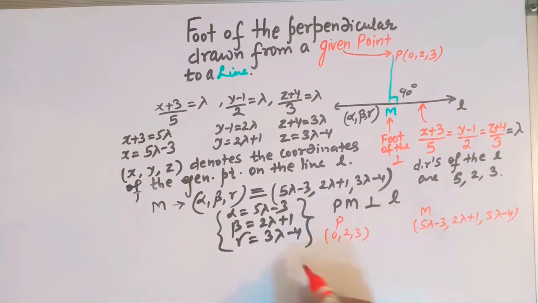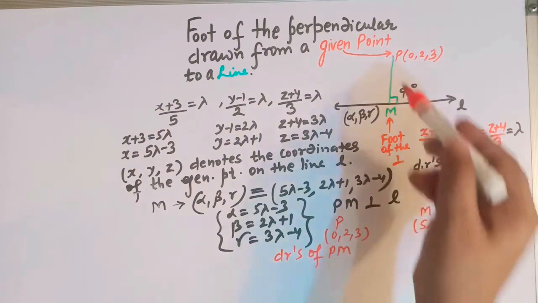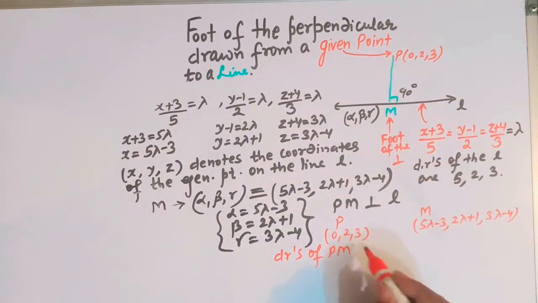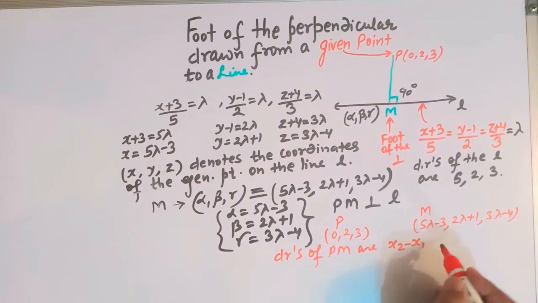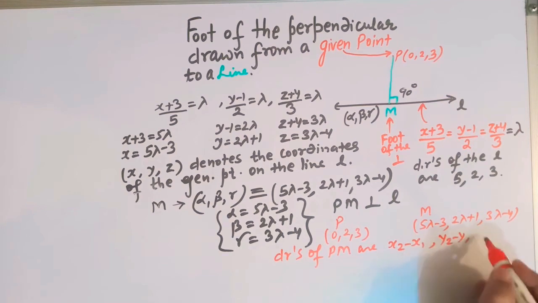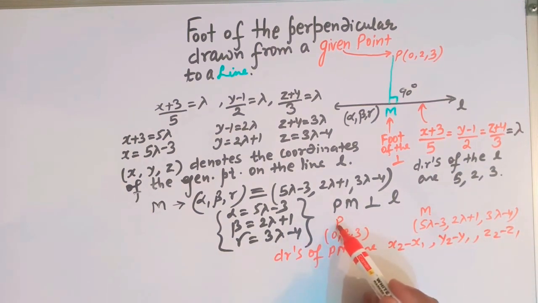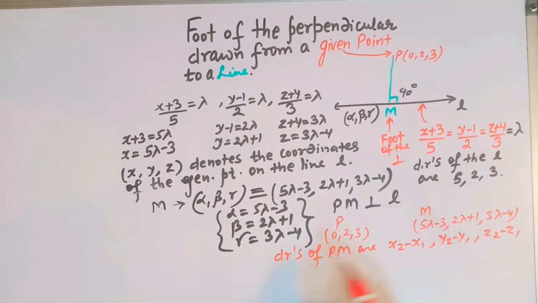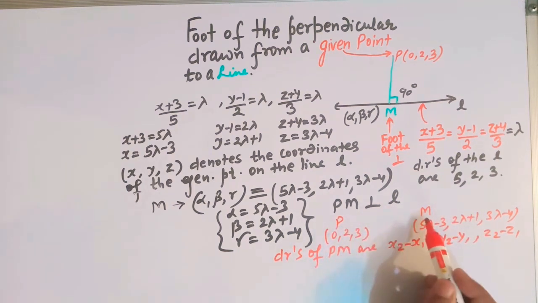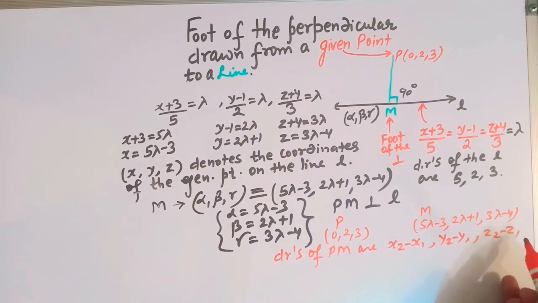The direction ratios of PM are given by x2 minus x1, y2 minus y1, and z2 minus z1, because we know that if the coordinates of point P are x1, y1, z1, and the coordinates of point M are x2, y2, z2, then the direction ratios of the vector PM are x2 minus x1, y2 minus y1, z2 minus z1.